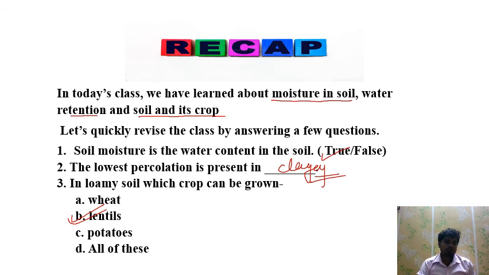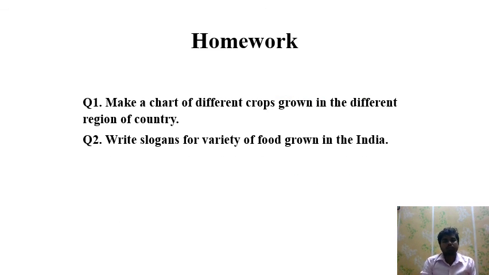Okay, I hope you have remembered this. Yes or no? Now this is your homework part, students. You have to make a chart of different crops in the different regions of the country.